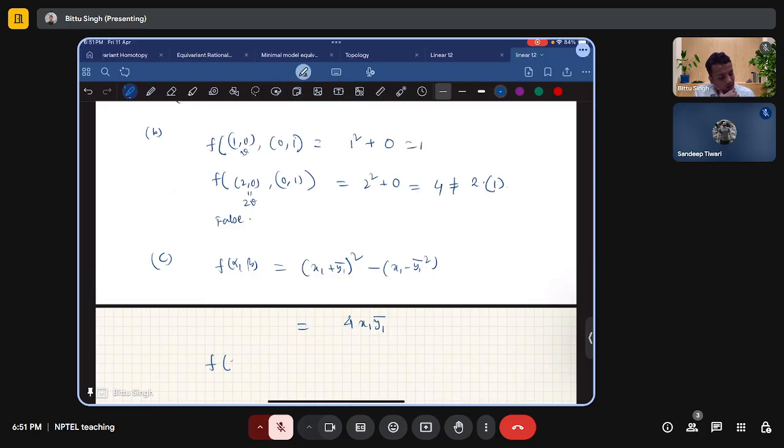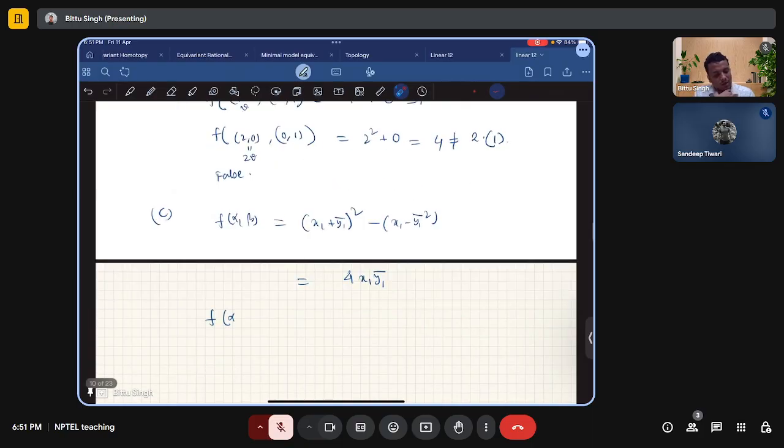F of alpha, we have earlier already seen that any form can be written as sum of aij into xi yj bar, and it is from here it is clear that a11 is 1 and other entries are 0. So this is clearly a form, and we can also check those linear and other properties.